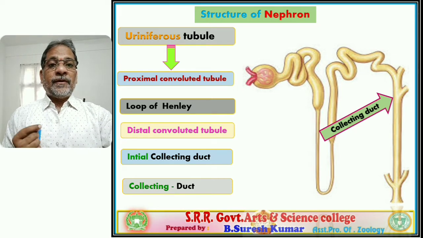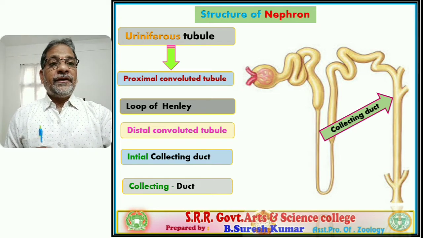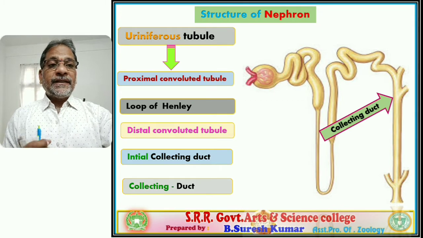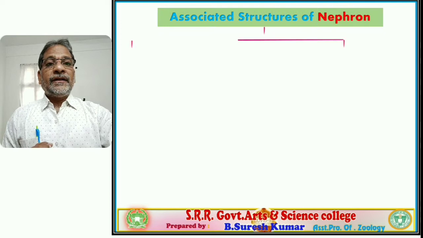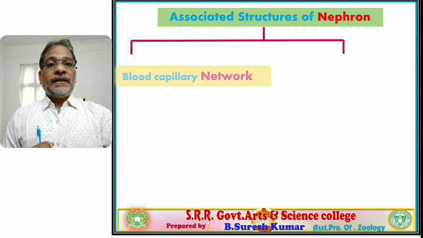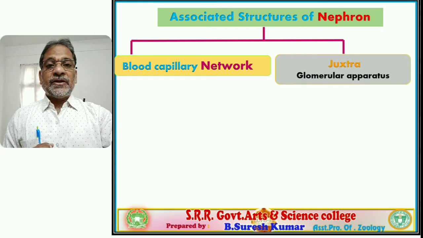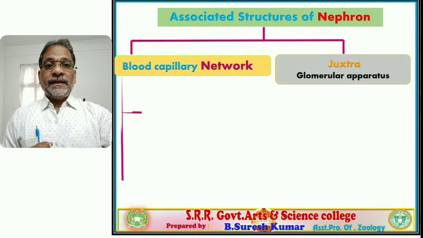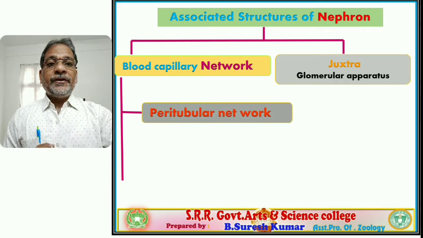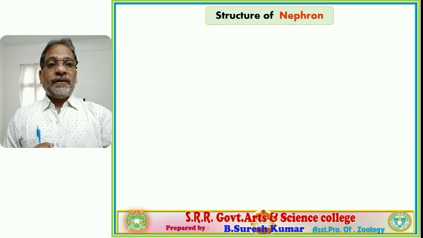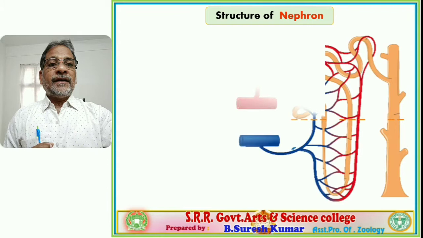So we verified all the parts of the uriniferous tubule, and besides that some associated structures are also present in the nephron. The associated structures are the blood supply components, the blood capillary network, and the juxtaglomerular apparatus. The blood capillary network is differentiated as the peritubular capillary network and the vasa recta. Let us see these components in the diagram.